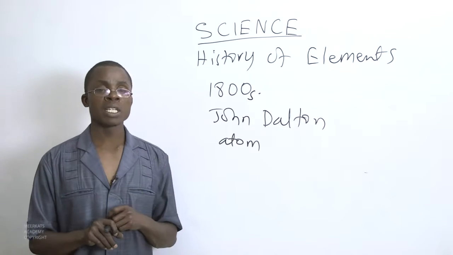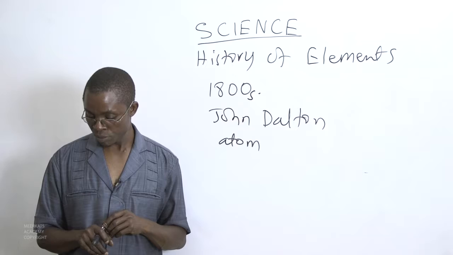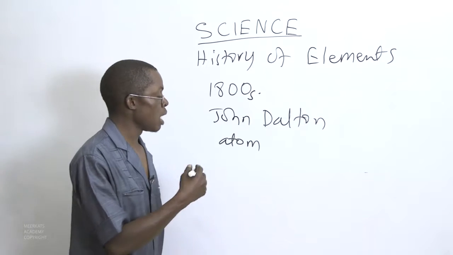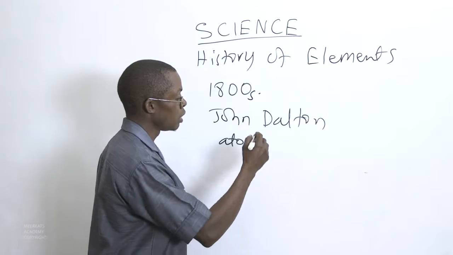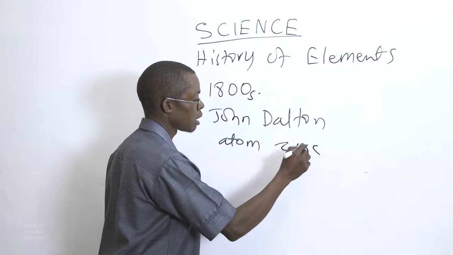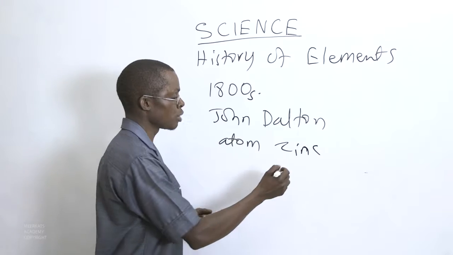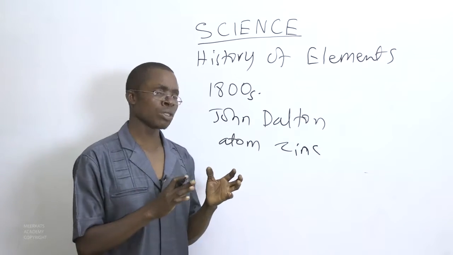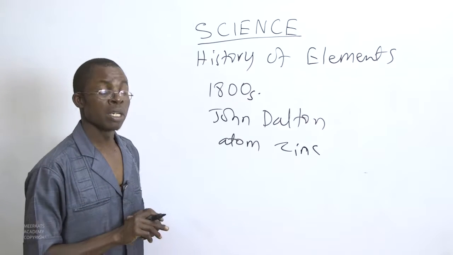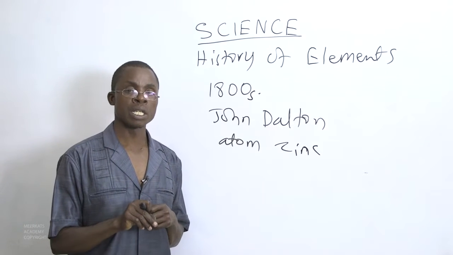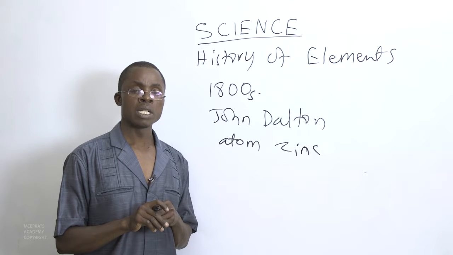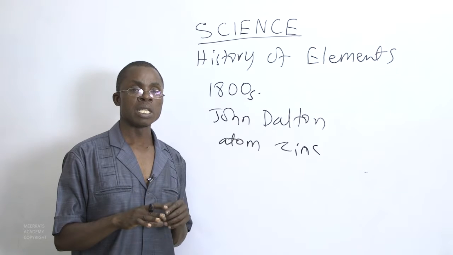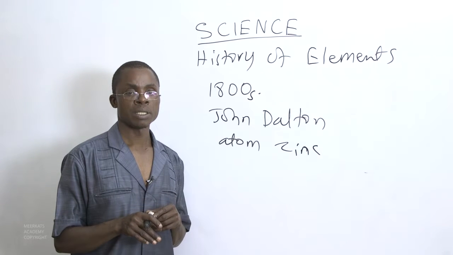Atoms of a particular element are identical. If I say an element, for example zinc, then the atoms in this zinc will be identical. If you look at it, it is also agreeing with some of what the Greeks said. They didn't use the word identical, but they said they are homogeneous.